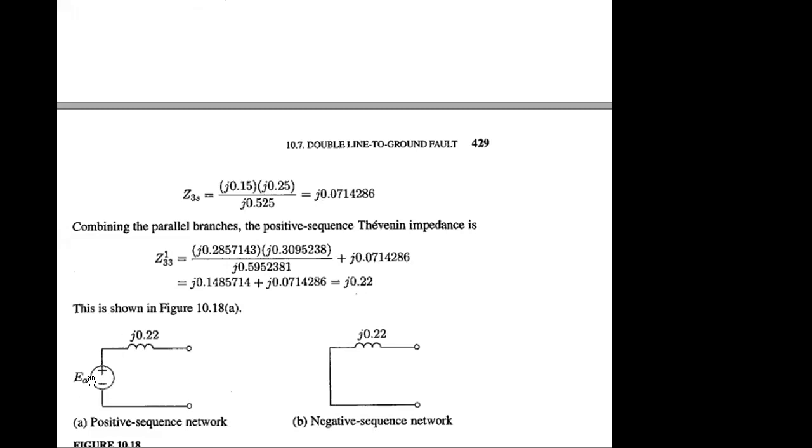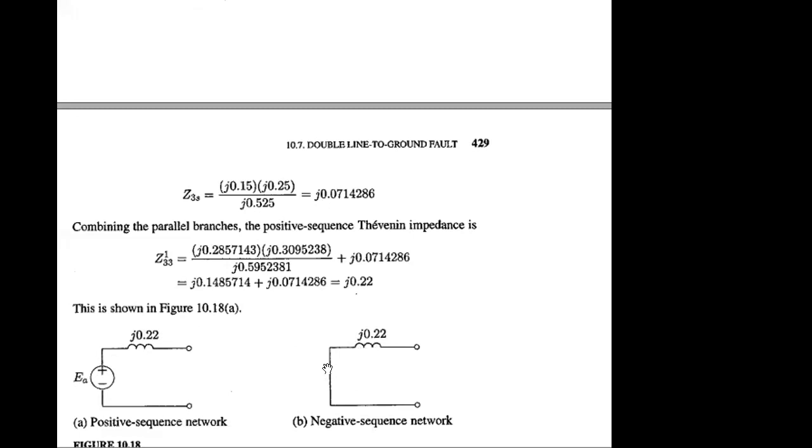So this is actually the Thevenin equivalent impedance for the positive sequence network. The positive sequence network will have the source, and we can use the same information for the negative sequence circuit as well. Only the source will not be there. That's the only difference, right?